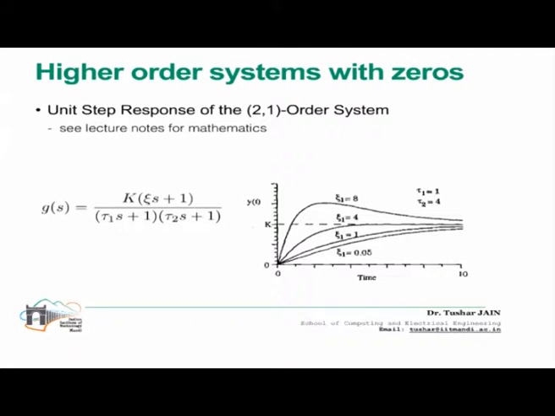And for the first one, the response overshoots. Why? Because the zero is more dominant than the pole. Here, in the third case, the poles are more dominant. Okay, so here you will not see any overshoot, and if you put this condition into that time domain equation, you will see that the response of the system will resemble a first order system response.